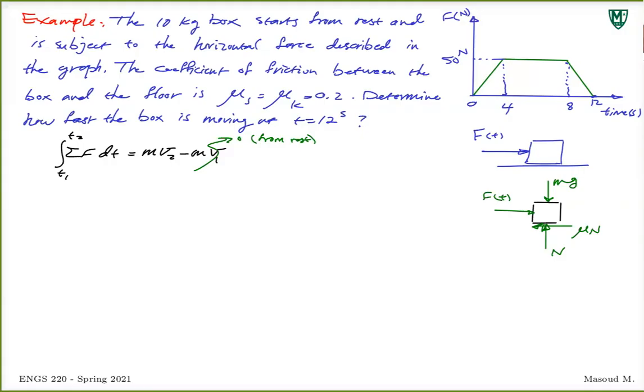That's what I'm talking about. I'm going to write it here. So V2 becomes basically the integral of the summation of forces dt from T1 to T2, divided by m. Right? Now, the trick here is, of course, there's a trick. When does the motion start?